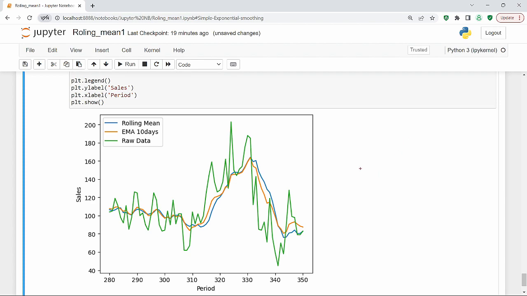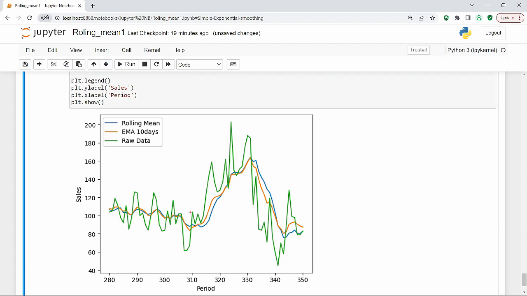Check that both calculations allow me to smooth my time series data. The green values are my raw data, and the orange are the exponential moving average, and the blue one is the simple moving average. How I can identify that trend in my data easily here, going upward and going downward.